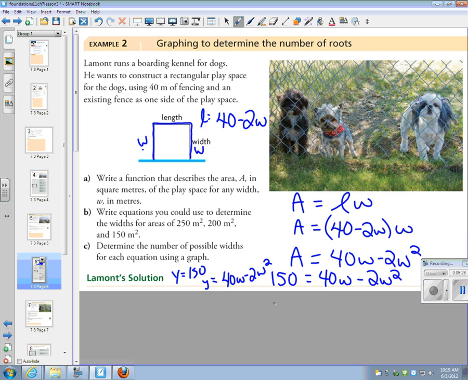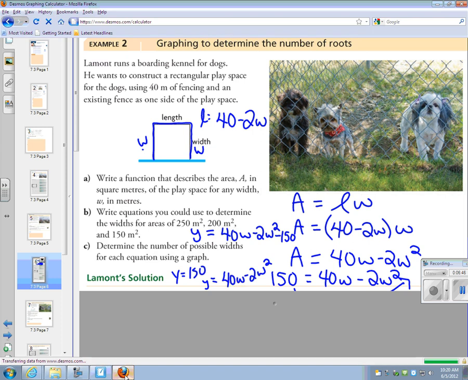Or I could just graph y equals 40W minus 2W squared minus 150, bringing the 150 to the other side. Let's see if we use those two strategies if we get the same answer. And let's hope that my graphing calculator starts working here.